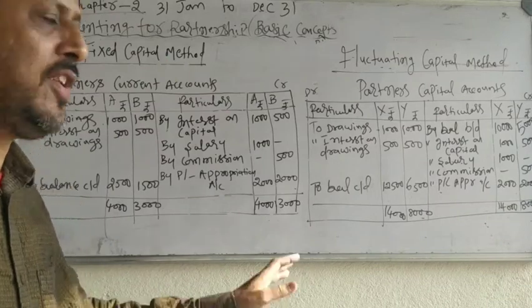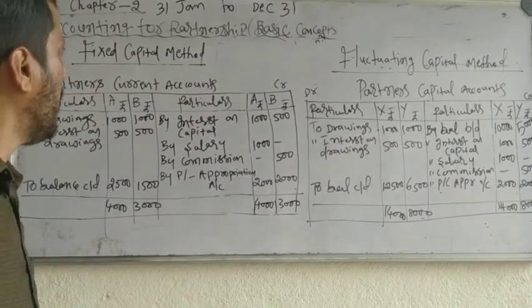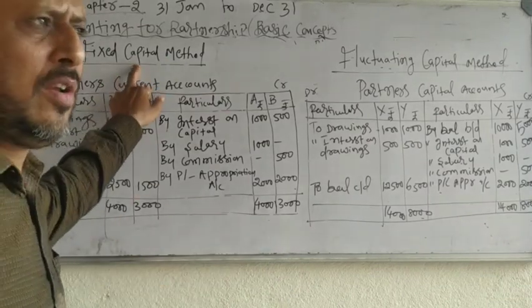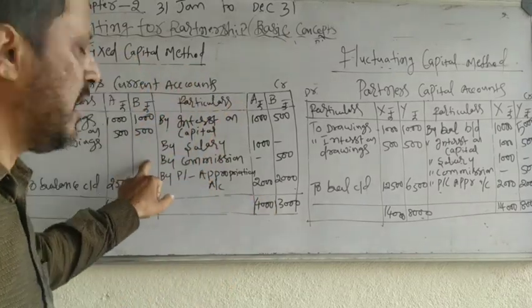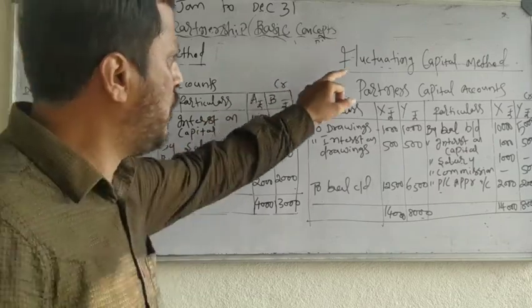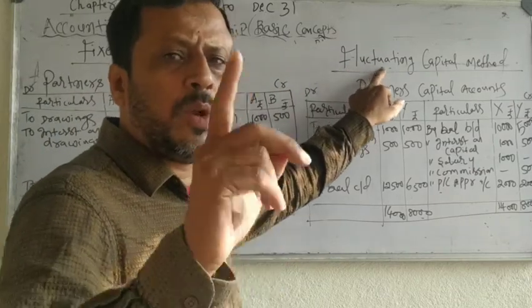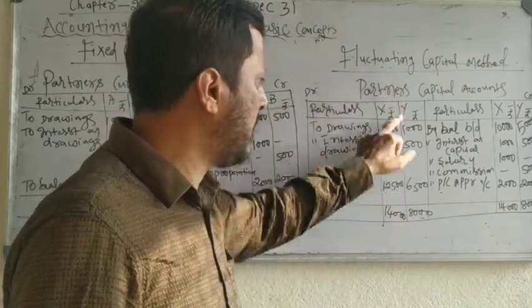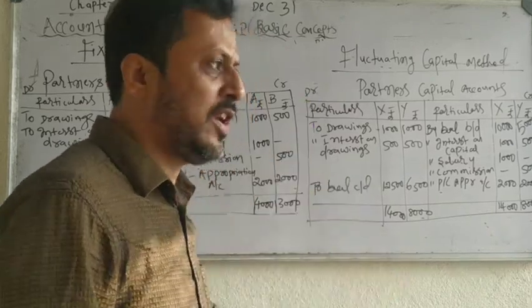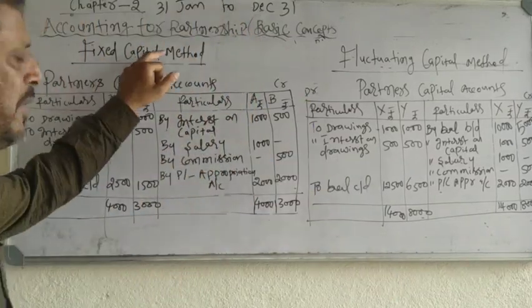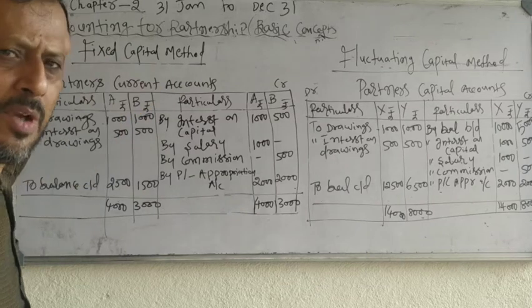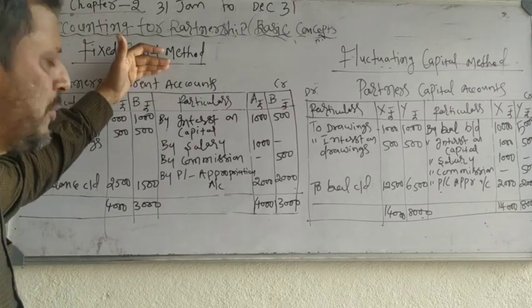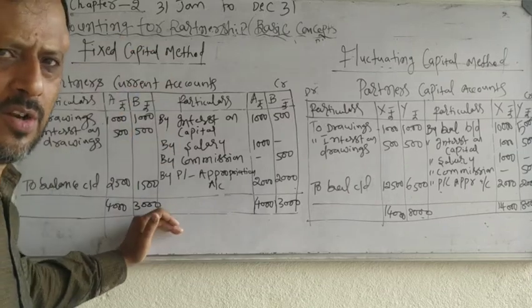Okay, what is the difference between these two methods? Under fixed capital method, we have to prepare two accounts, partners' capital accounts and partners' current accounts. Under fluctuating capital method, you have to prepare only one account, that is partners' capital accounts. Second difference, under fixed capital method, capital balance is recorded in partners' capital accounts and all other adjustments were recorded in partners' current accounts.